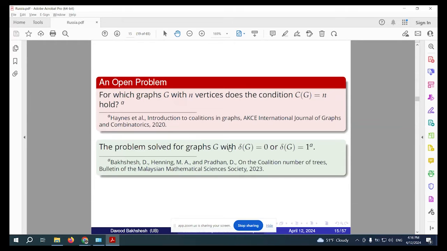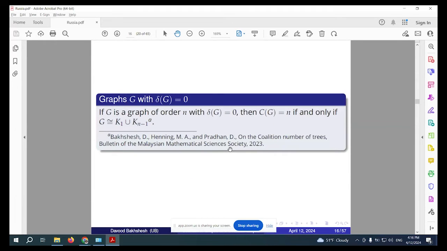We first consider the graphs G with delta G equal to 0. The first result is that if G is a graph of order n with small delta G equal to 0, then C(G) is equal to n if and only if G is isomorphic to the union of K1 and K(n minus 1).